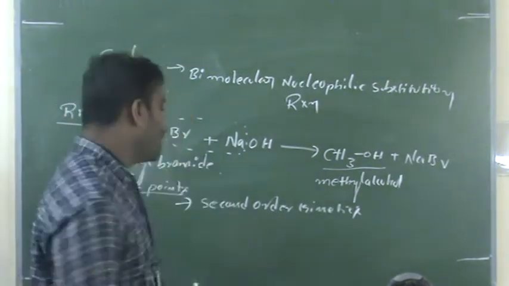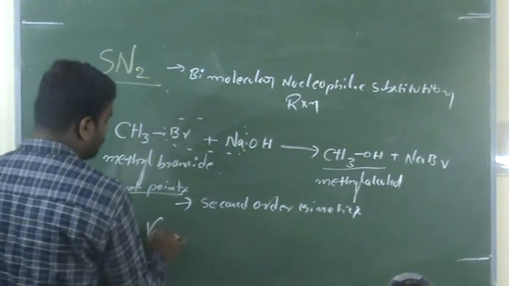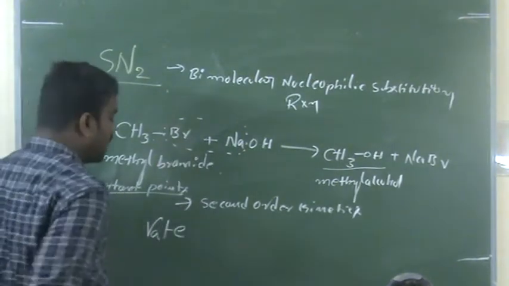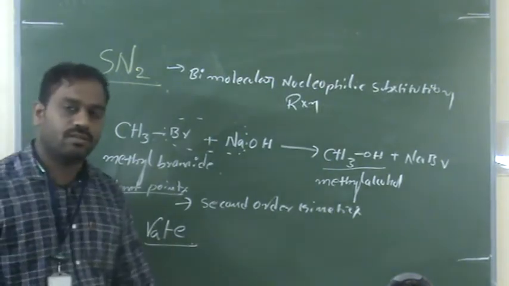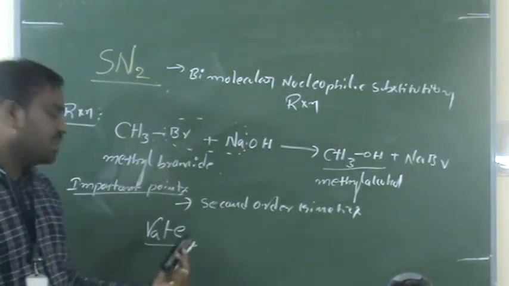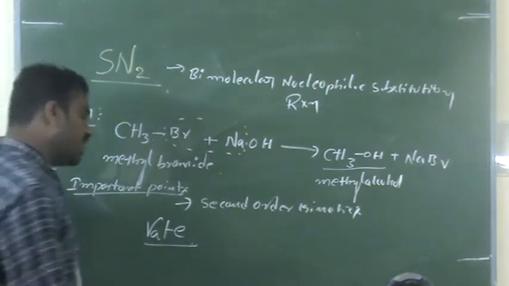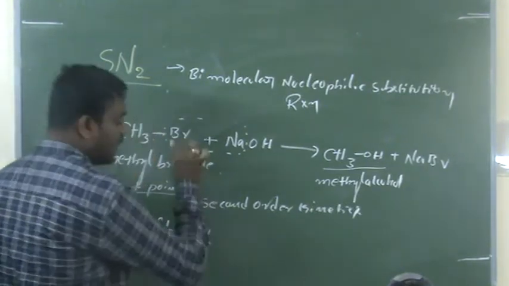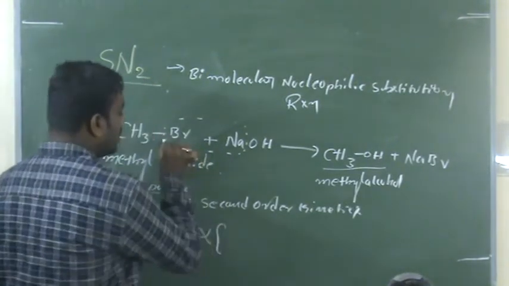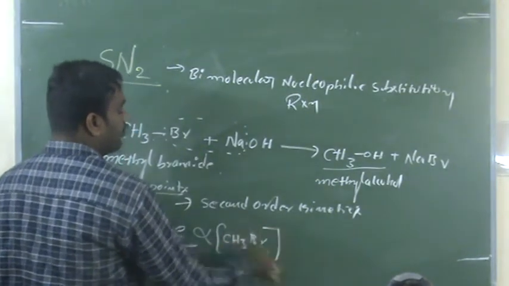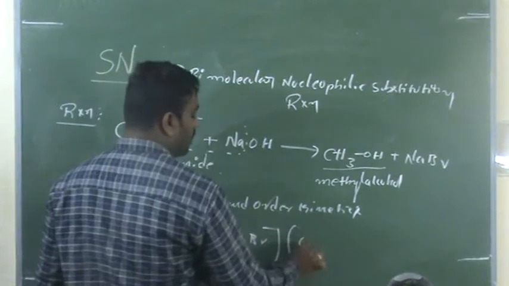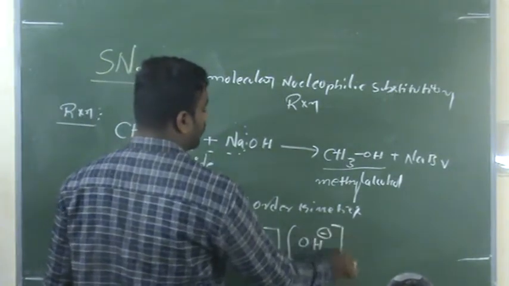What is the meaning of second order reaction? The rate indicates the speed. The rate of the reaction is directly proportional to the concentration of methyl bromide, CH3Br, and the concentration of the nucleophile, OH minus.